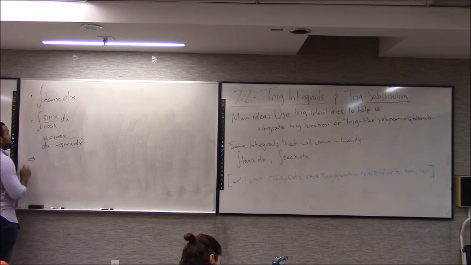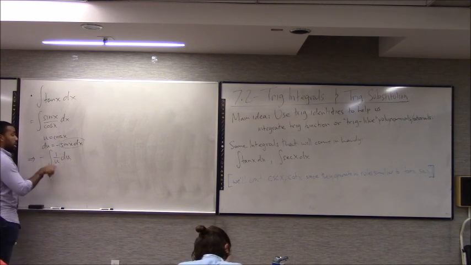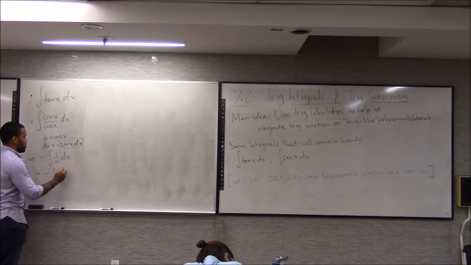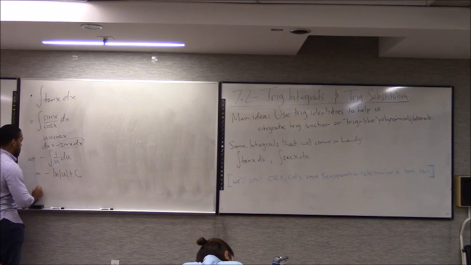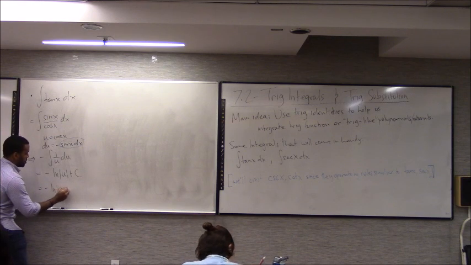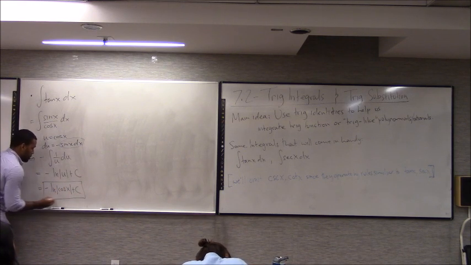And so this would mean that we have minus the integral of 1 over u du, and that's where the ln comes from. So this is minus ln absolute value u plus c, and then here your u is cosine. So that is the integral of tangent.